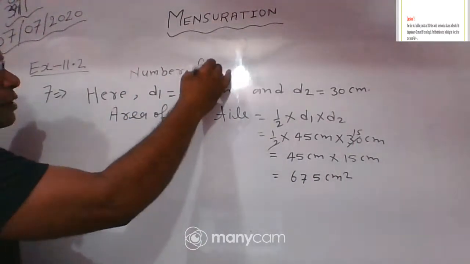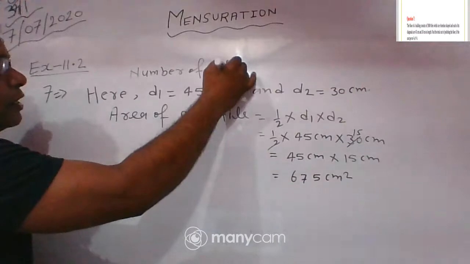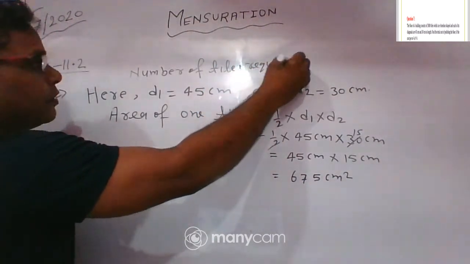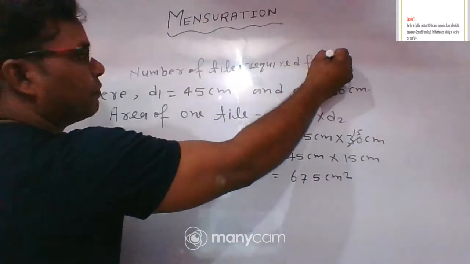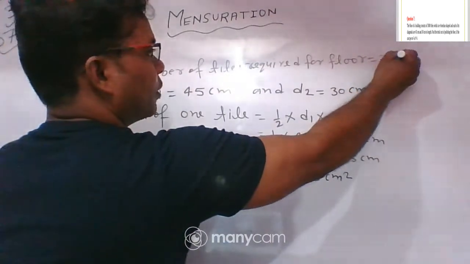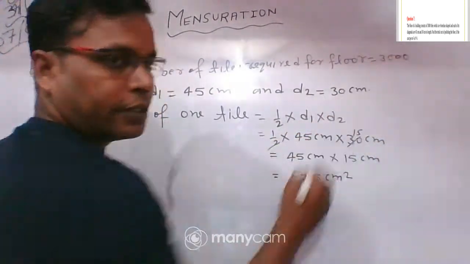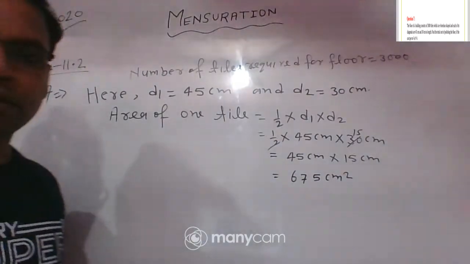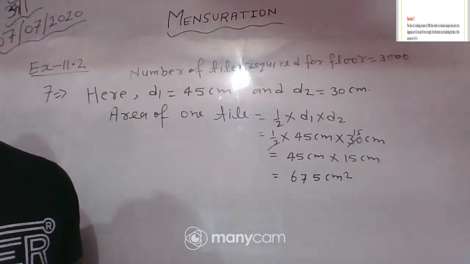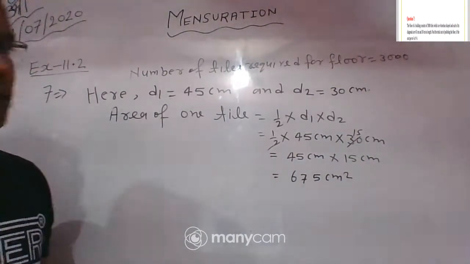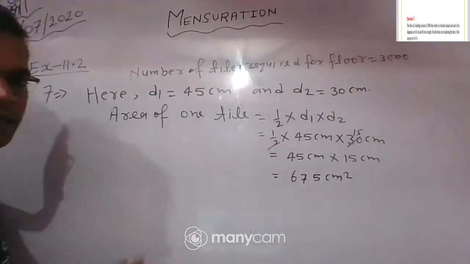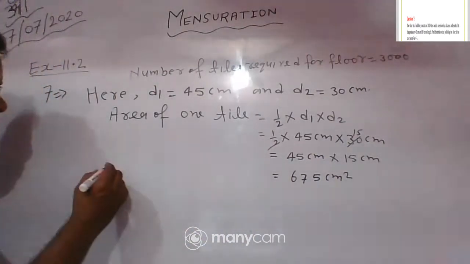The number of tiles required for the floor is equal to 3000. Okay, this is clear. So we find the area of 3000 tiles.